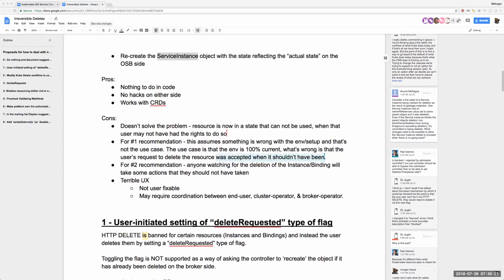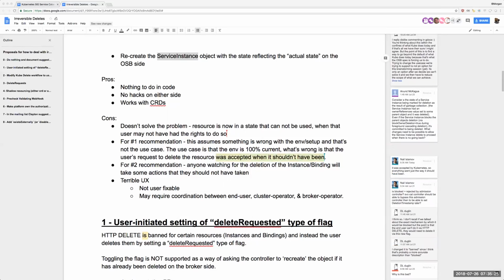Can I make a suggestion? We're halfway through. I think that we're spending a lot of time talking about if something solves the problem statement and then agreeing on the problem statement.